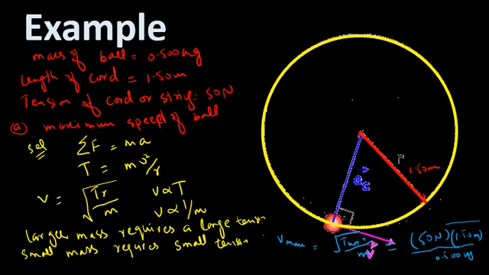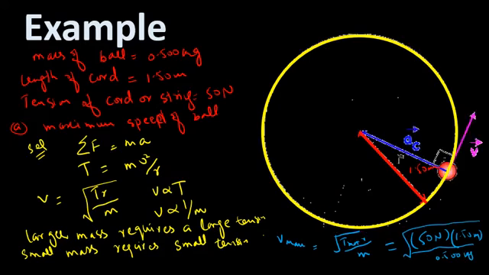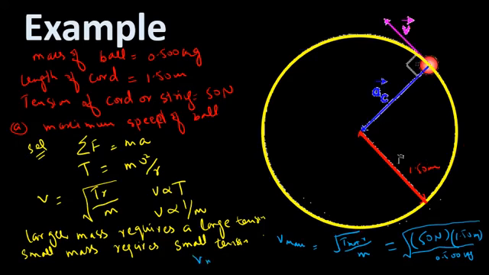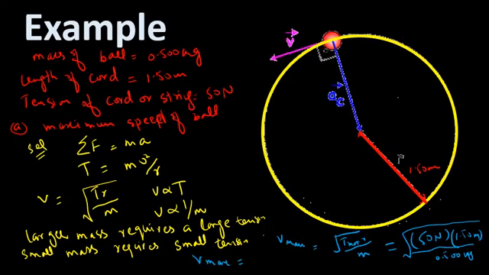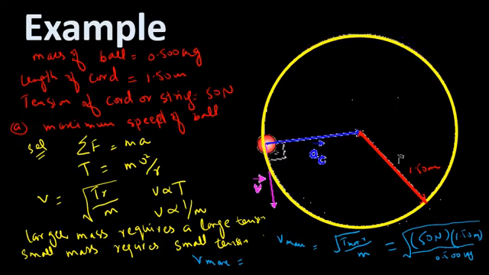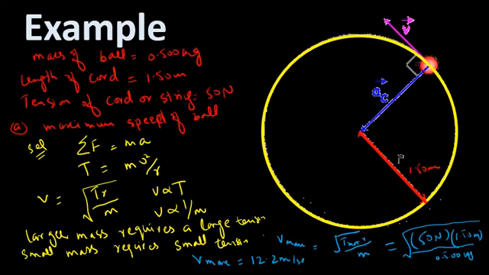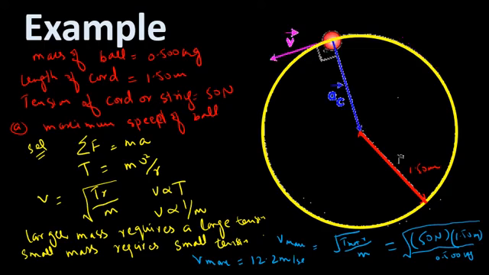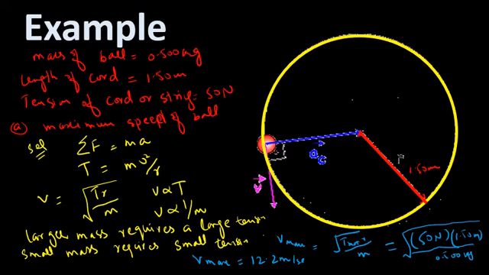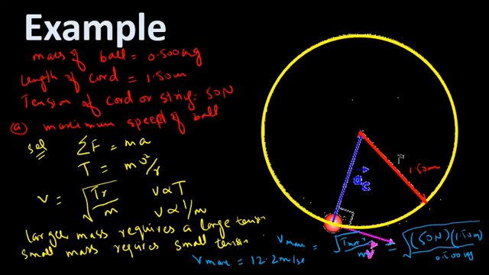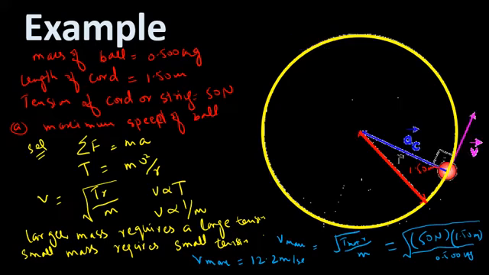After calculation, the maximum speed of this ball before the breaking point comes to be 12.2 meter per second. So this is the maximum speed required by the ball to move in a circular path without breaking.